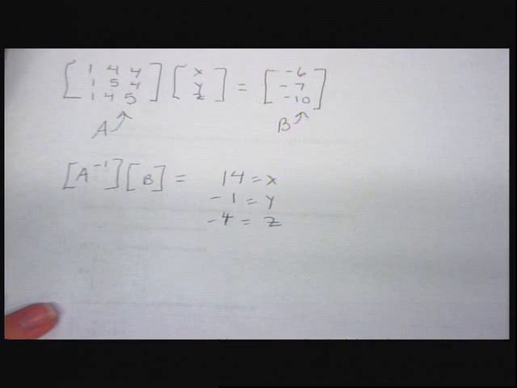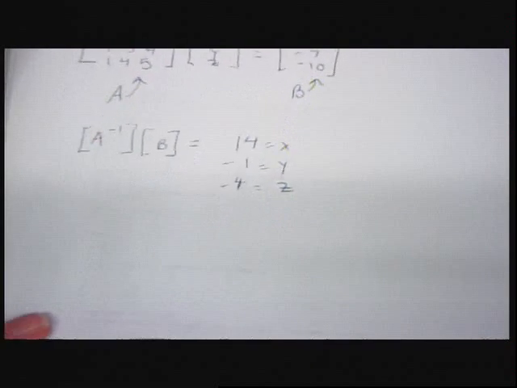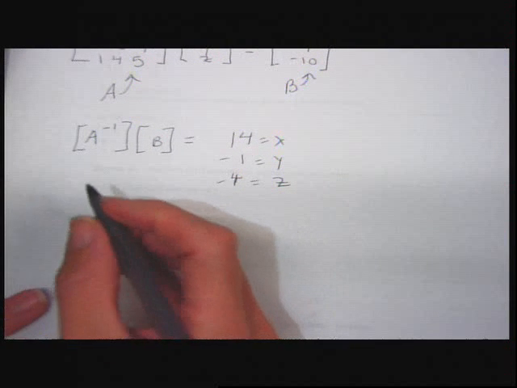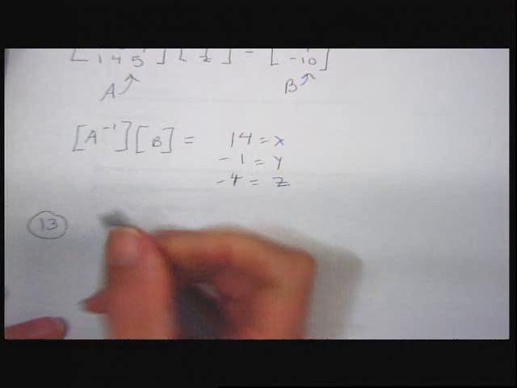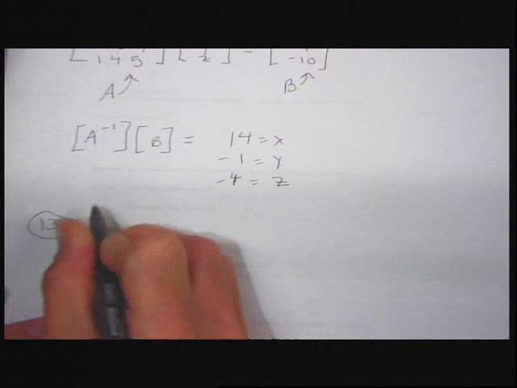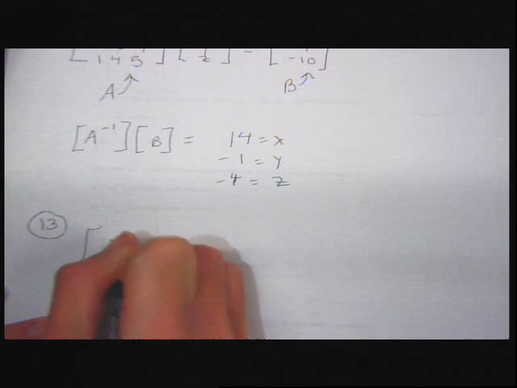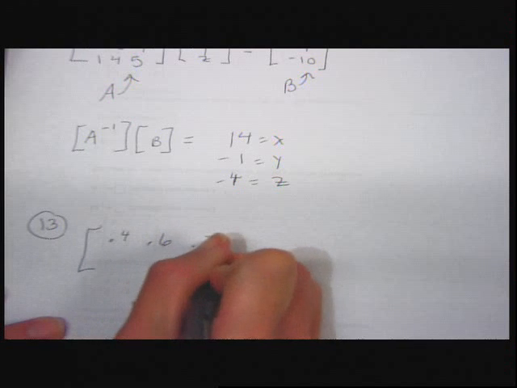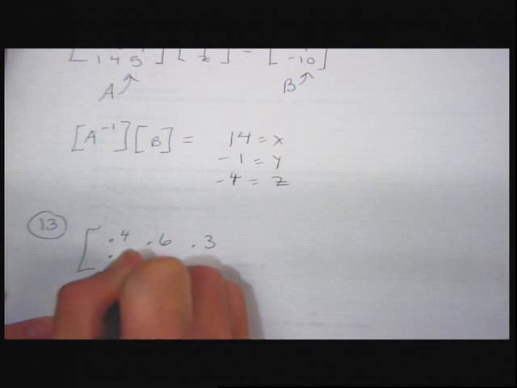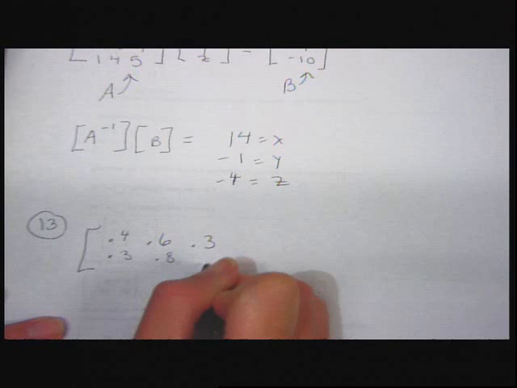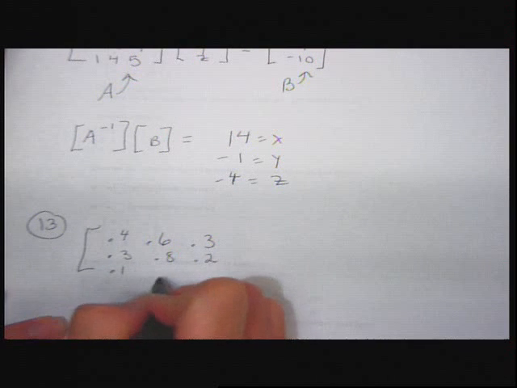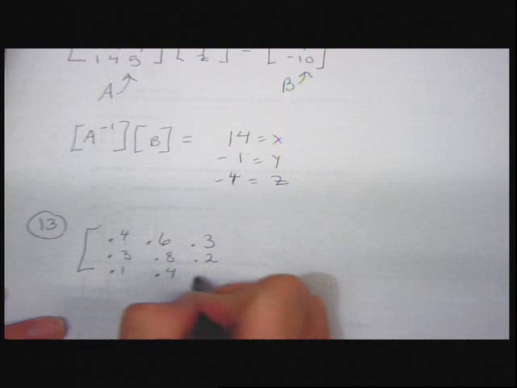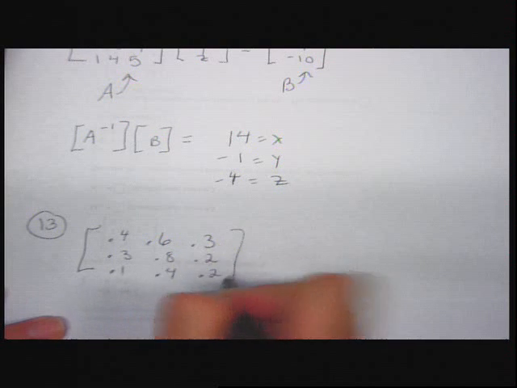So number 13 is the same type of problem. You'll do it with your matrix: 0.4, 0.6, 0.3, 0.3, 0.8, 0.2, and then 0.1, 0.4, and 0.2.